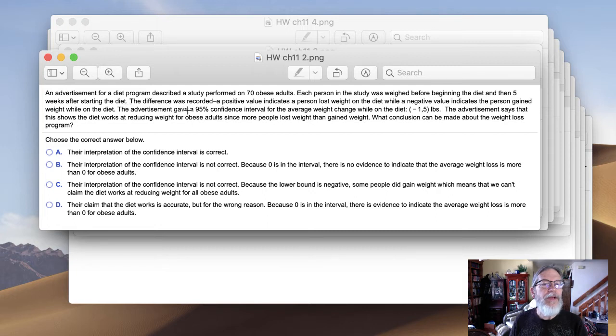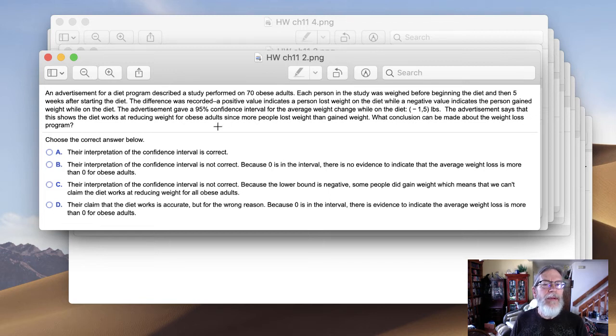Okay, so we want to do a 95% confidence interval for average weight change, and it went from -1 to 5 pounds. So it said we could see as much as a 1 pound gain or as much as 5 pound loss. All right, so trying to decide if this diet works or not.